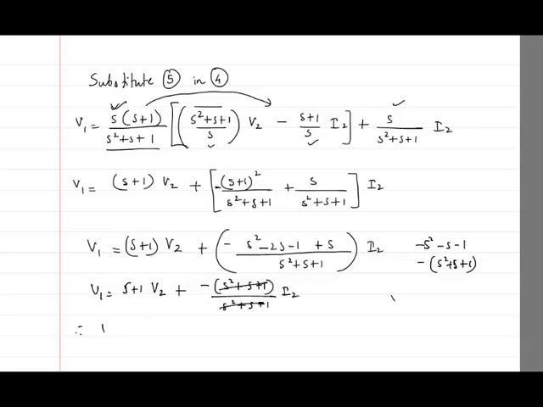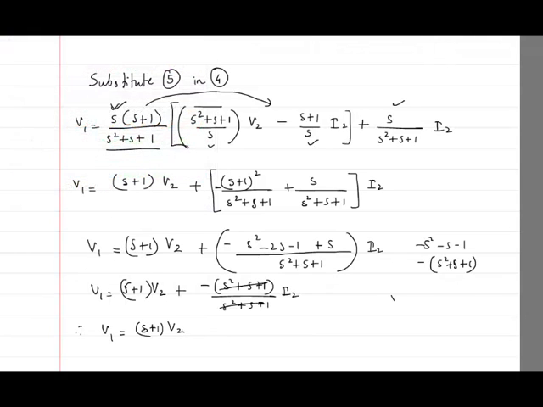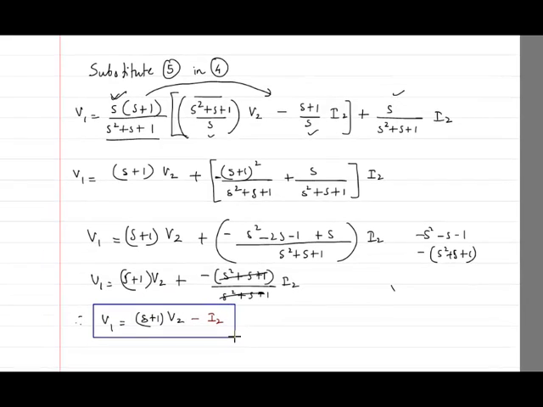Therefore, I will get V1 is equal to s plus 1 V2 minus I2. That I will put again in the box because this is my second equation.